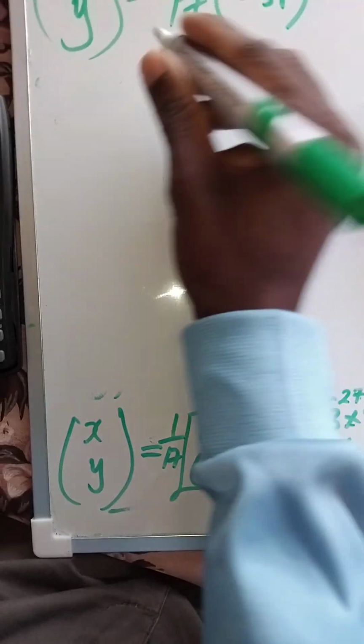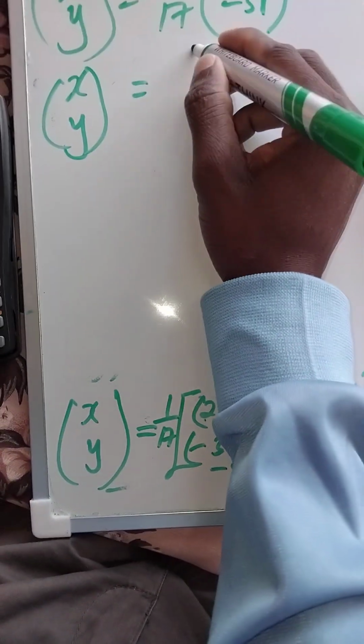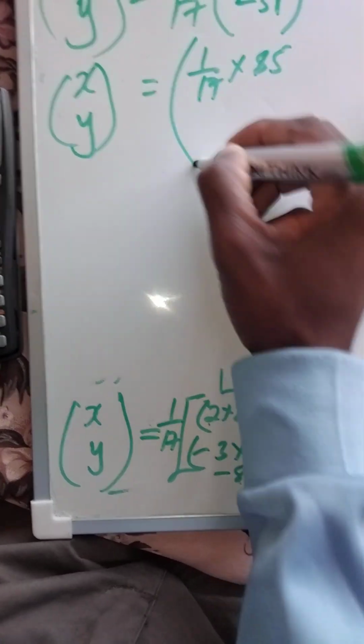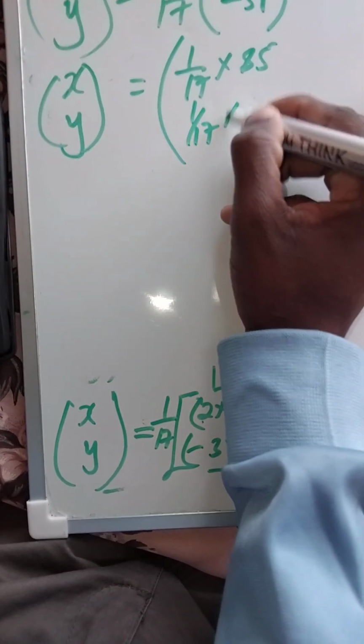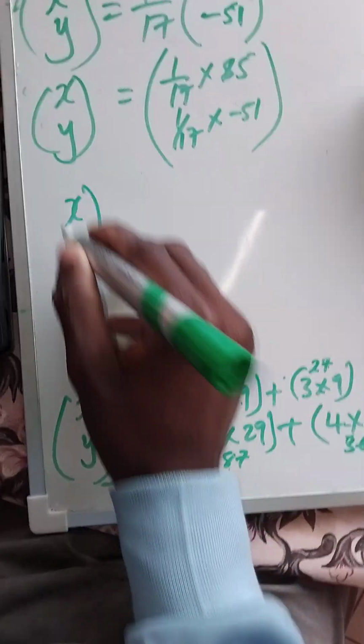So x, y is 1 over 17 times 85, and 1 over 17 times negative 51.